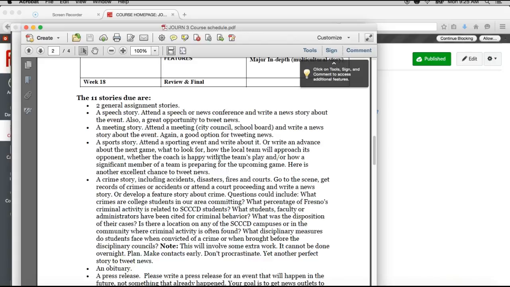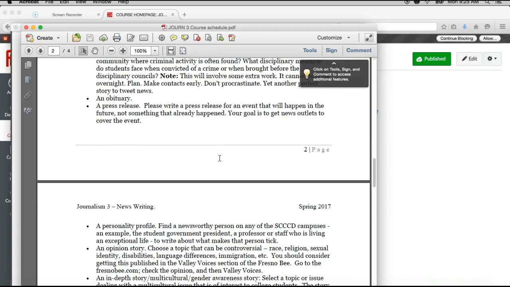Look at, for example, there are 2 general assignment stories. There's a story on speech where you go and you cover a speech. There's a story on covering a meeting. There's going to be a sports story. There's going to be a crime story. There's an obituary. There's a press release. There is a personality profile and an opinion story. And the final story that you do in this class is an in-depth reporting.